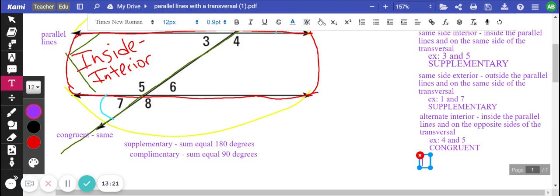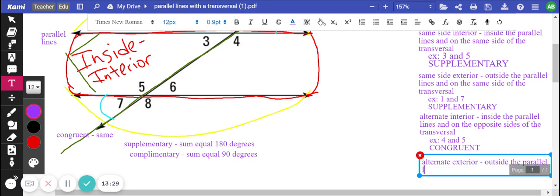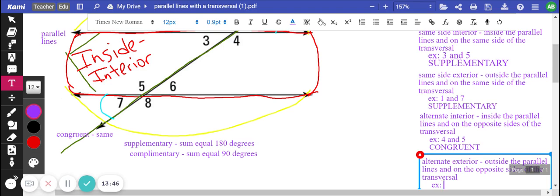So these are alternate exterior. They're outside the parallel lines and on the opposite sides of the transversal. So examples would be 7 and 2.